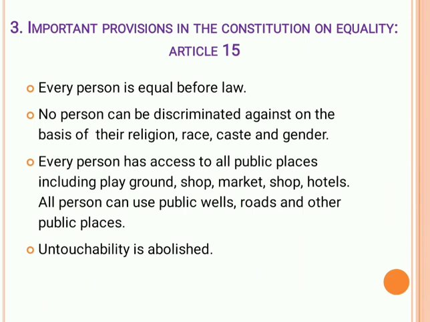And the last provision, untouchability is abolished. Untouchability, in simple terms, we can understand as a practice whereby a particular class or caste of persons are discriminated against on the ground of their being born in that particular caste or community.